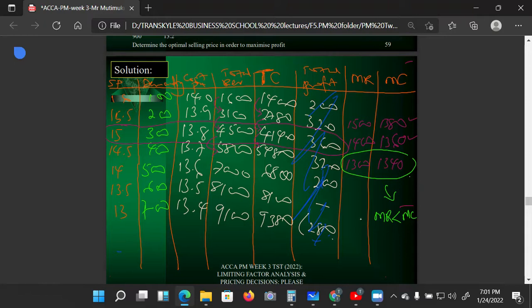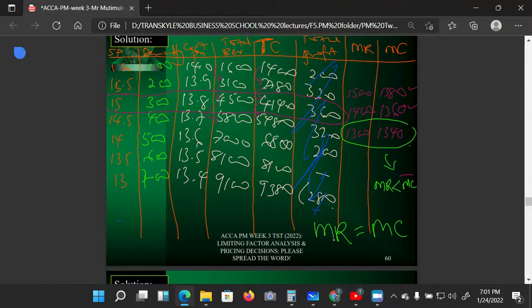However, economists have a rule that MR should equal MC. This is the situation where profit maximization takes place. So you can see that whilst these two are favorable situations, we need to follow this rule.